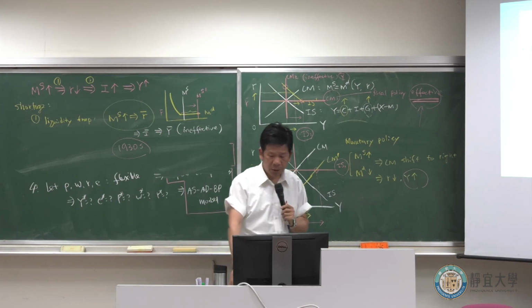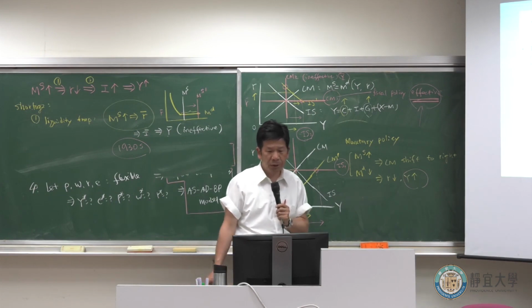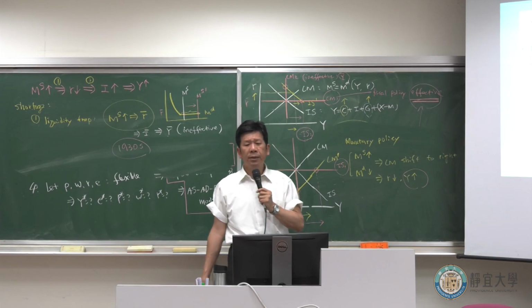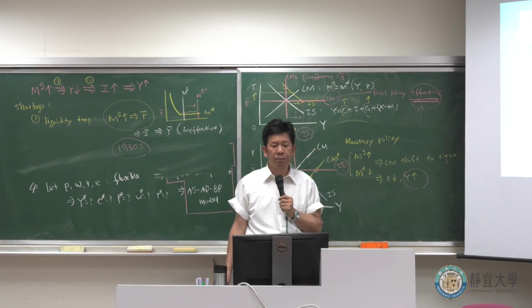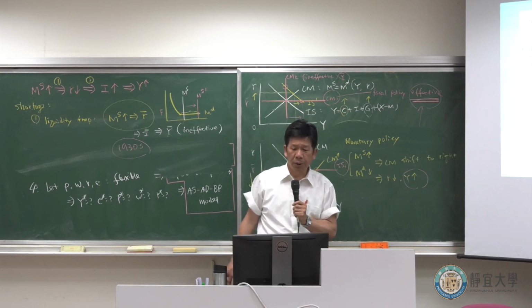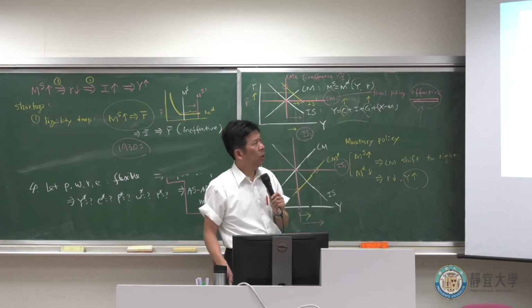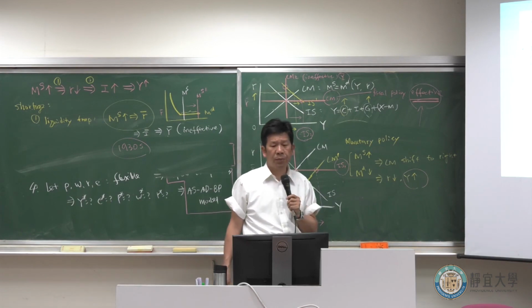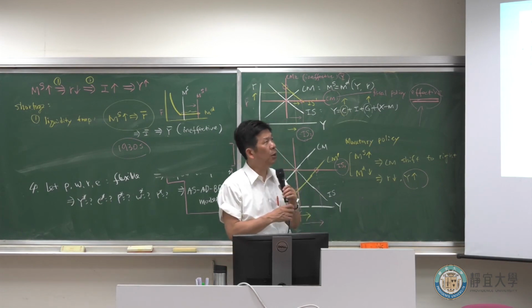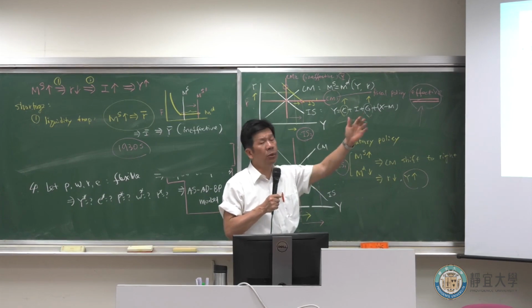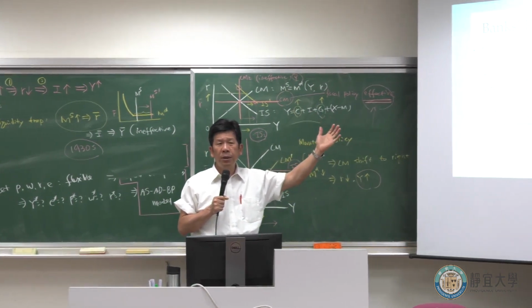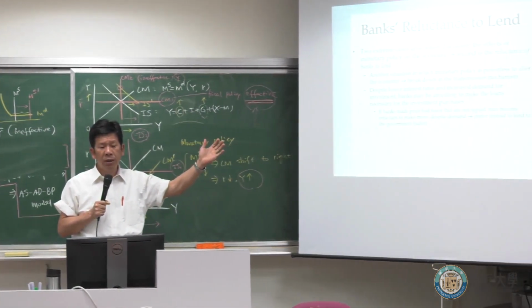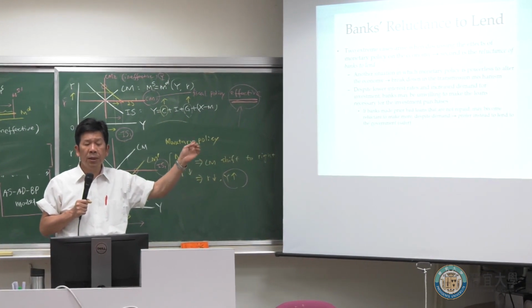Okay, so this is the first story, and the second story represents the bank's reluctance to lend. We mentioned before, what is reluctance? Reluctance means they don't want to. So it represents the bank.